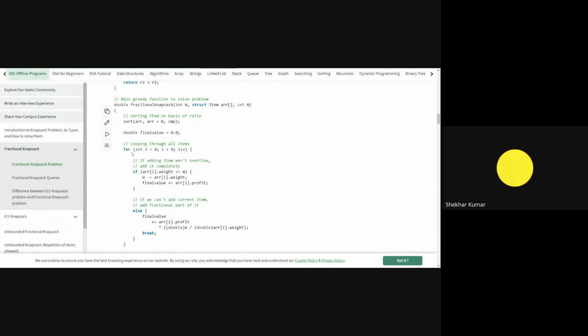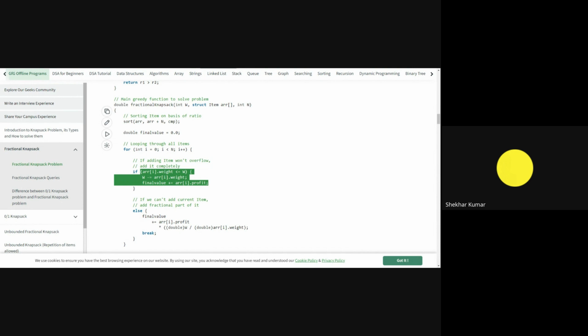Here you can see a for loop, and every time you are comparing the weight, it means you are arranging the values in descending order. If you are arranging the values in descending order, what should the complexity be?